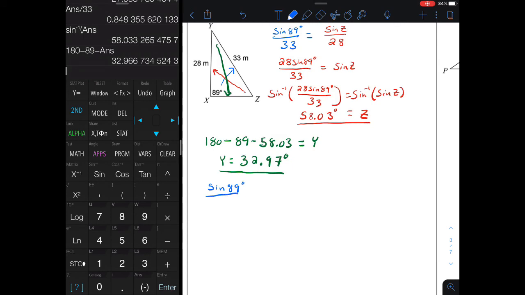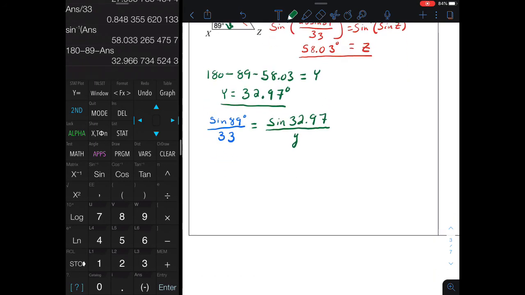Sine of 89 divided by 33 is going to equal sine of 32.97 divided by the opposite side, Y. So I'd cross multiply here. So we'd have Y times sine of 89 degrees equals 33 times sine of 32.97. And then I divide by sine of 89.